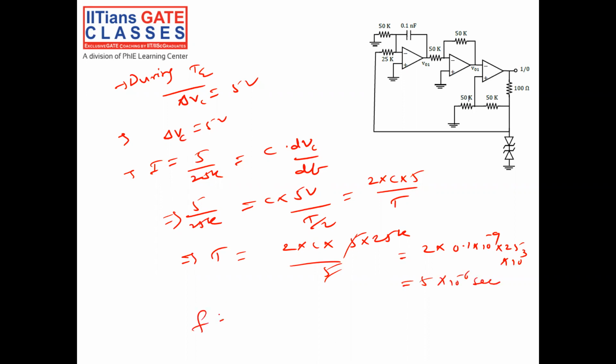So frequency is 1 by time period, and the answer is 200 kilohertz. Okay, so if the question had been a correct question, there would have been an inverting amplifier of gain minus 1 here. Then if you calculate, we'll get frequency as 200 kilohertz.